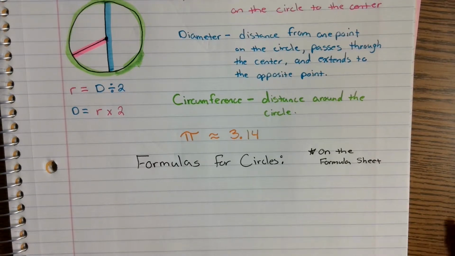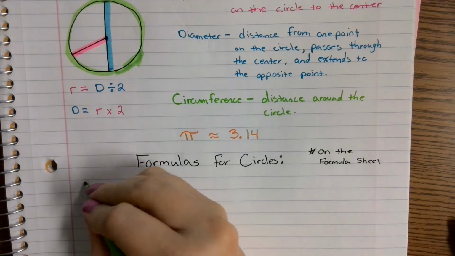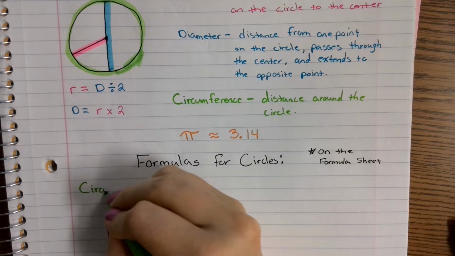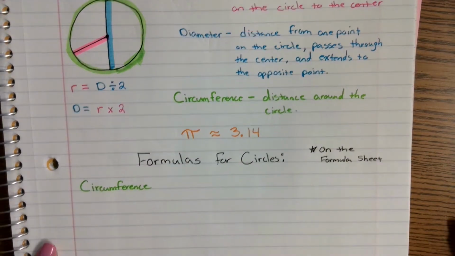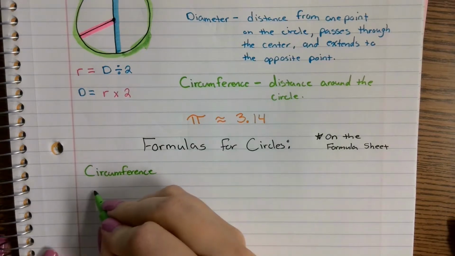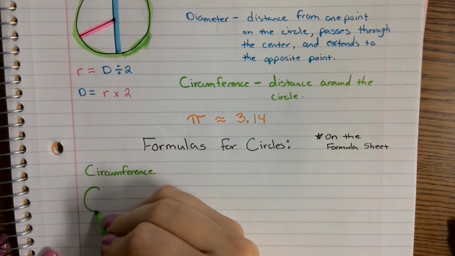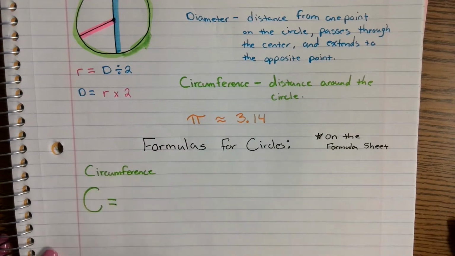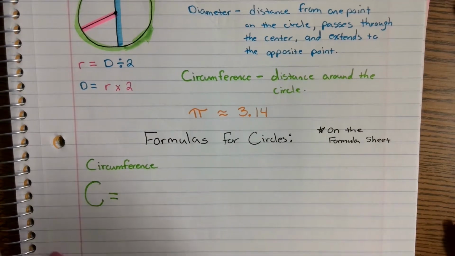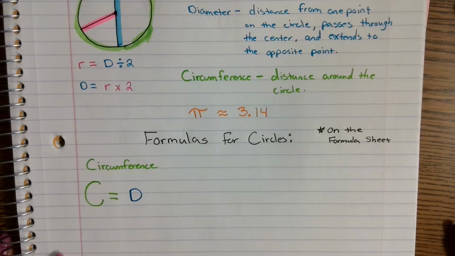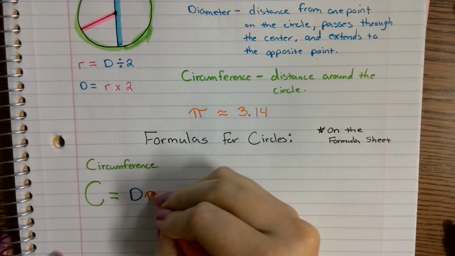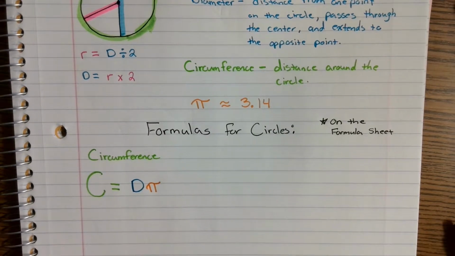So the very first formula I'm going to give to you is that circumference formula. For circumference, you're going to take C equals your diameter's measurement times pi. You know the diameter, and you multiply it by 3.14.